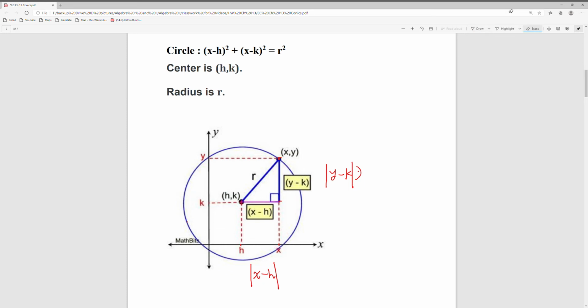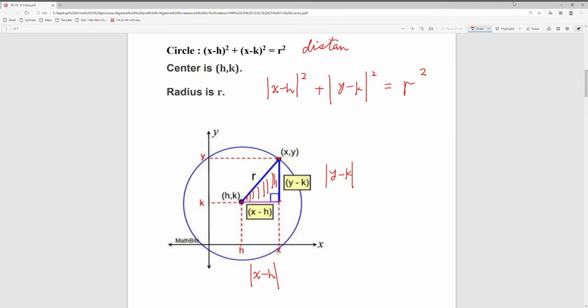And r is the distance between. You can also take a look here. This is a right triangle, so we may use the Pythagorean theorem. Leg 1 squared, (x minus h) squared, plus leg 2 squared, (y minus k) squared, equals the distance squared. Basically I'm using the distance formula.